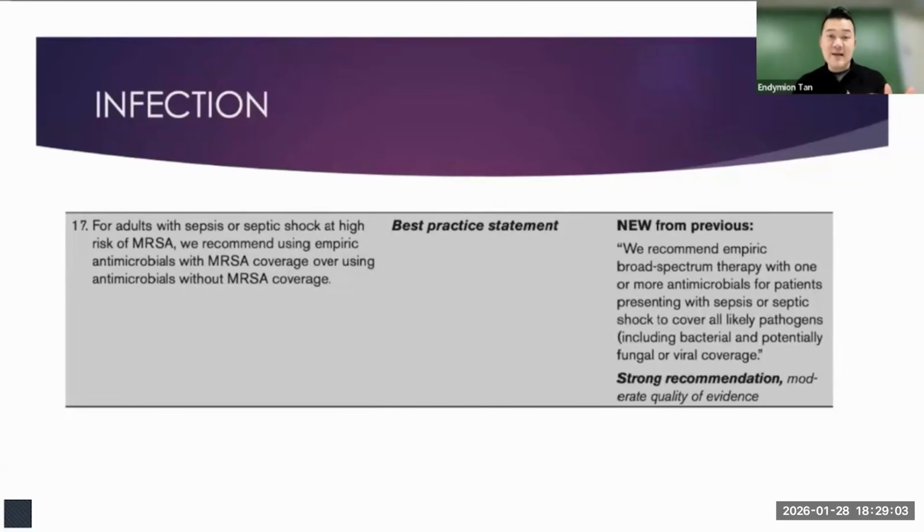This is a new item in this 2021 campaign. It says here, for adults with sepsis or septic shock at high risk of MRSA, we recommend using empiric antimicrobials with MRSA coverage. So what would make you think that these patients would have a high risk of MRSA?